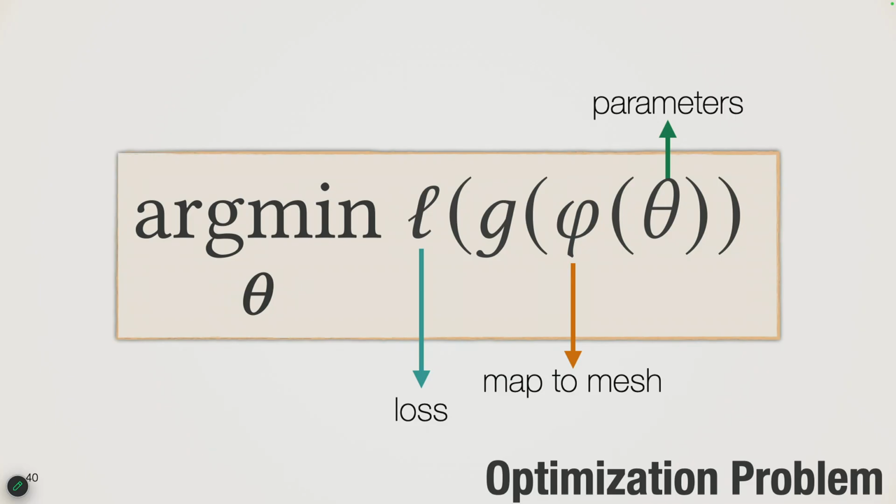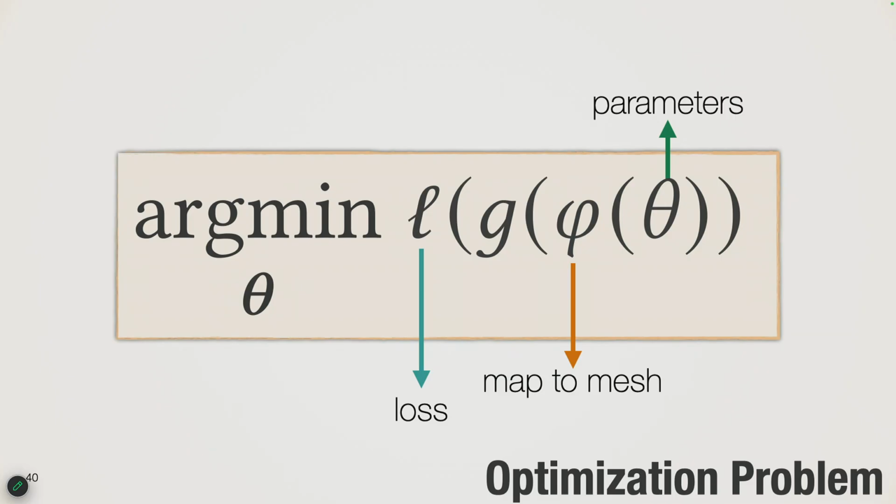This could be a long vector where you just say these points live here on the edge, remapping them. It could also be something more complicated, like theta being the parameters of a neural network, mapping these parameters to predicted vertex positions or edge lengths or something like that. So you get values that live on the mesh.